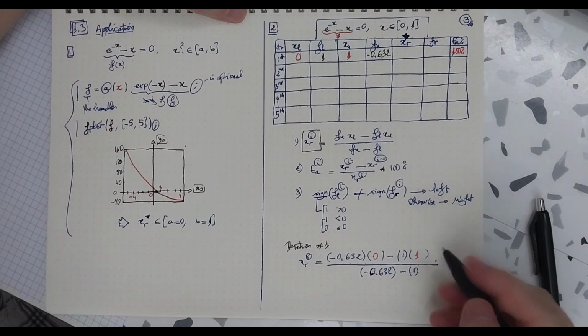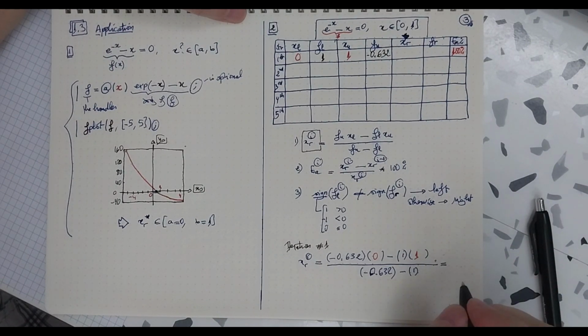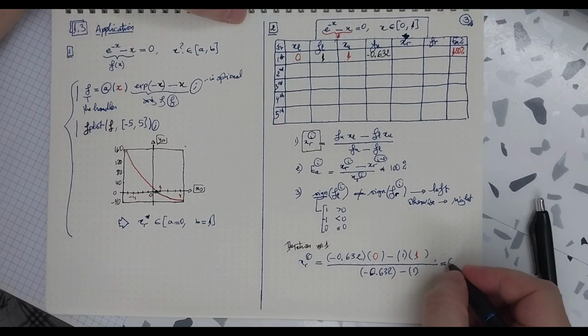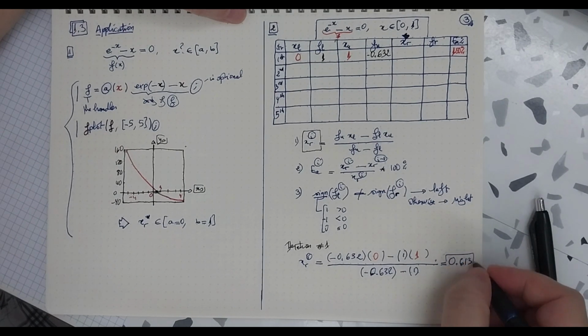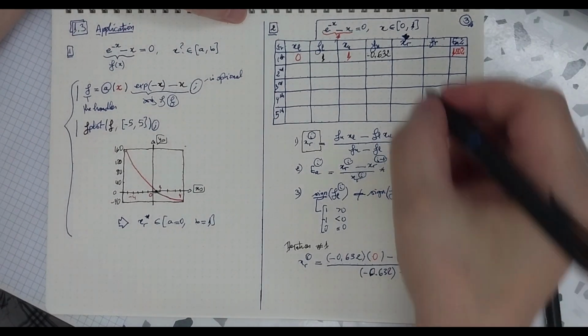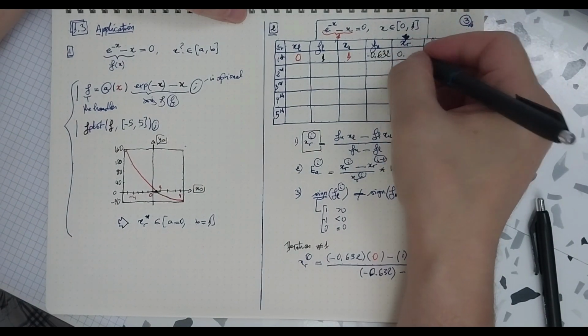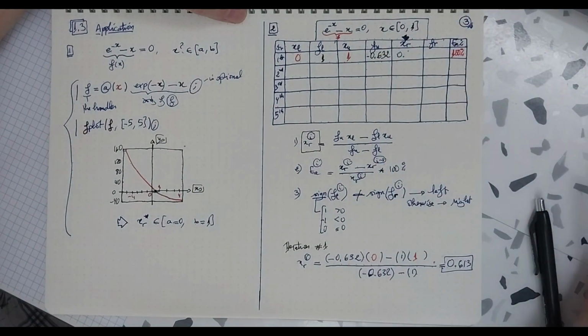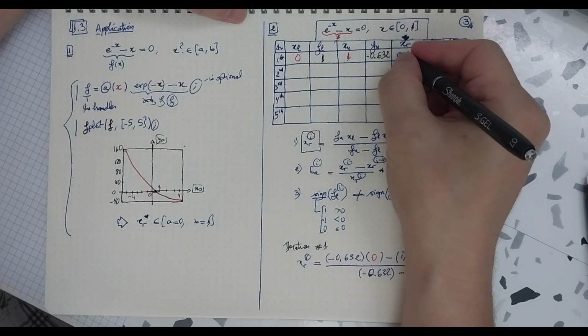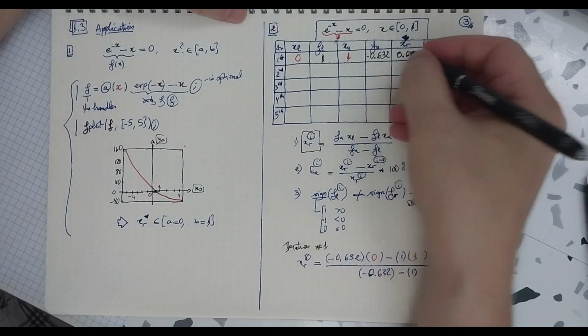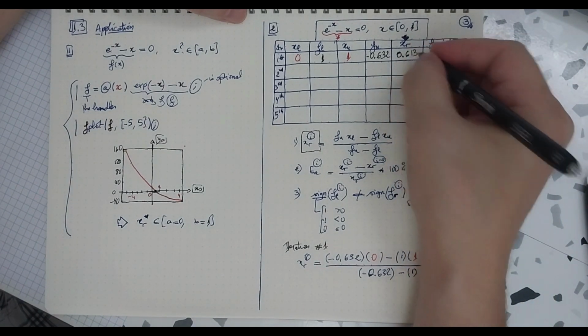And with a calculator, you find 0.613. I report the value in the table, 0.613.